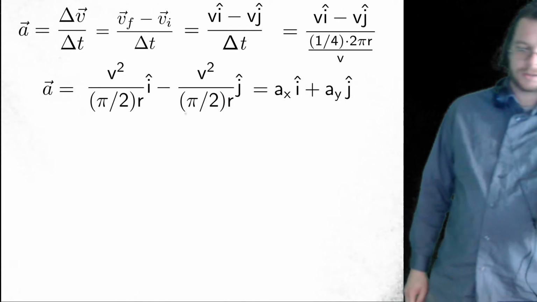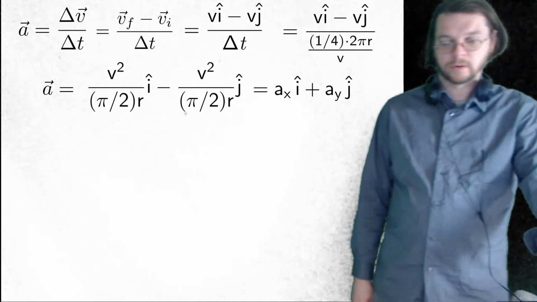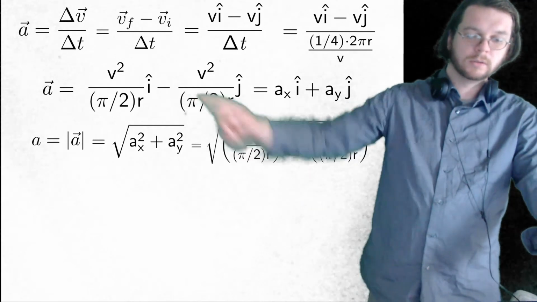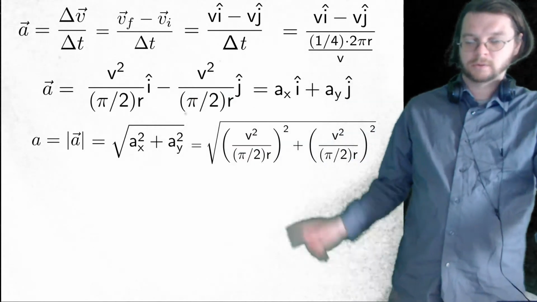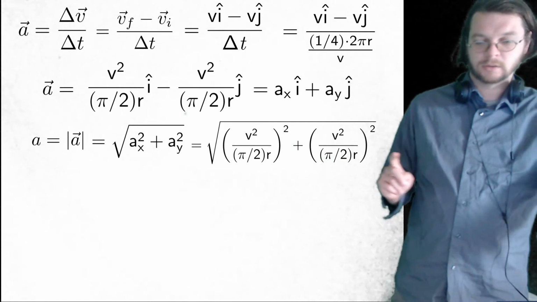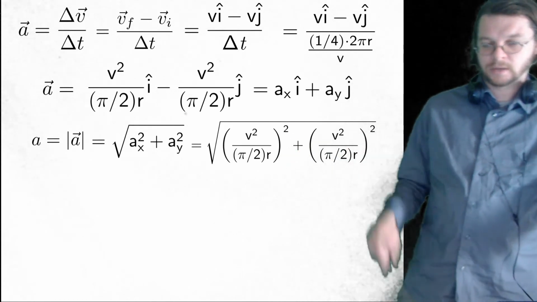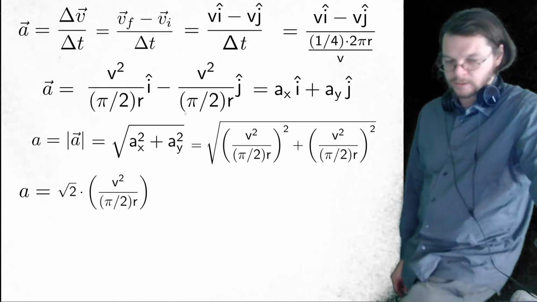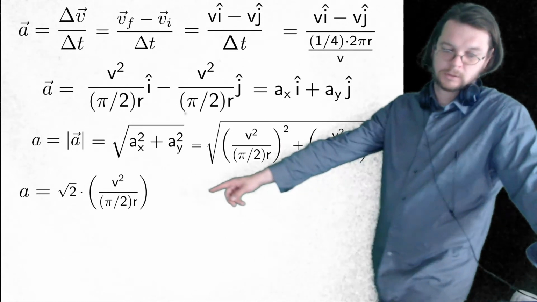Now we have to take the magnitude of the acceleration, right? Which is this, and each one of these is v squared over pi over 2r. So there's your magnitude of the acceleration. This is the same thing as that, so you end up with a factor of 2 in there, which the square root of that is square root of 2, so you end up with something like this.